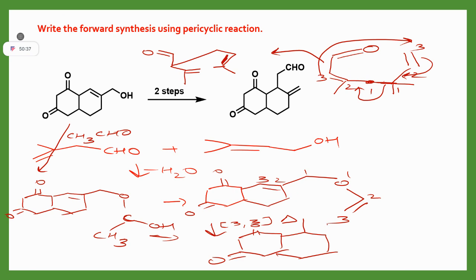You have to join 3, 3. And here if I show bond rotation, it will be going here, and this one bond is going to break. Yes or no? And at last you will get this product.